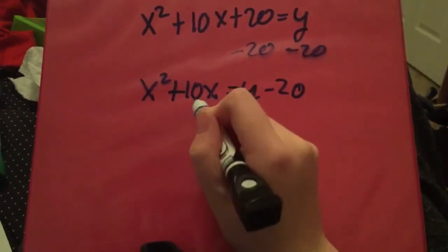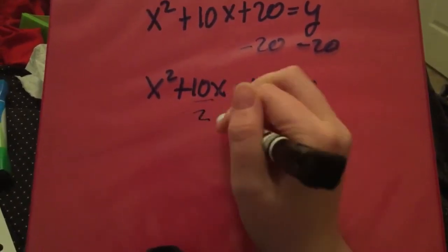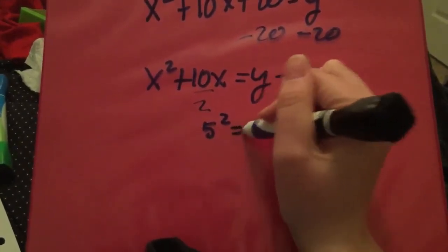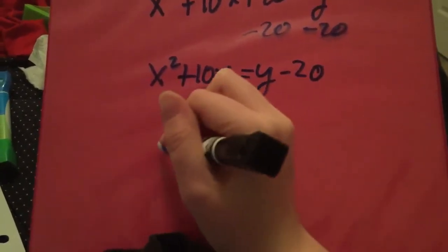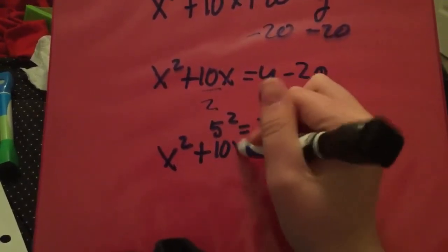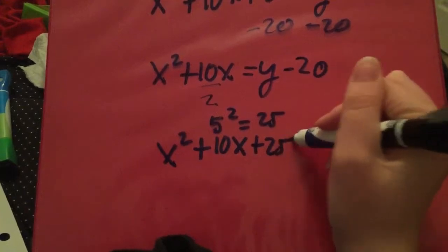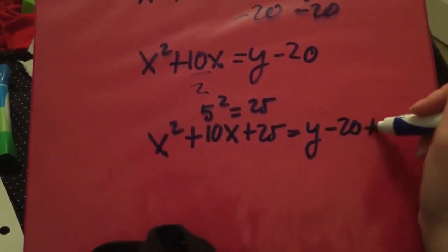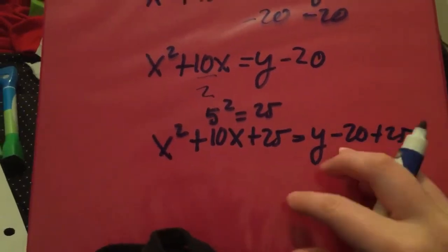Next, you would divide your b, which is 10, by 2 to get 5, and then you would square that number, which is 25, and add that to both sides. x squared plus 10x plus 25 equals y minus 20 plus 25.